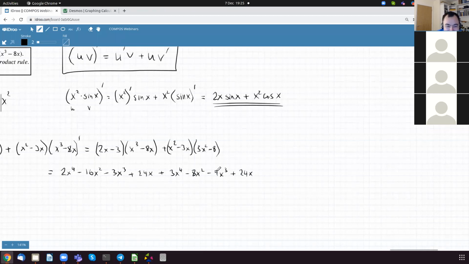Okay, plus 24x. And we can simplify that. So combining the 4's, so 5x to the power 4.